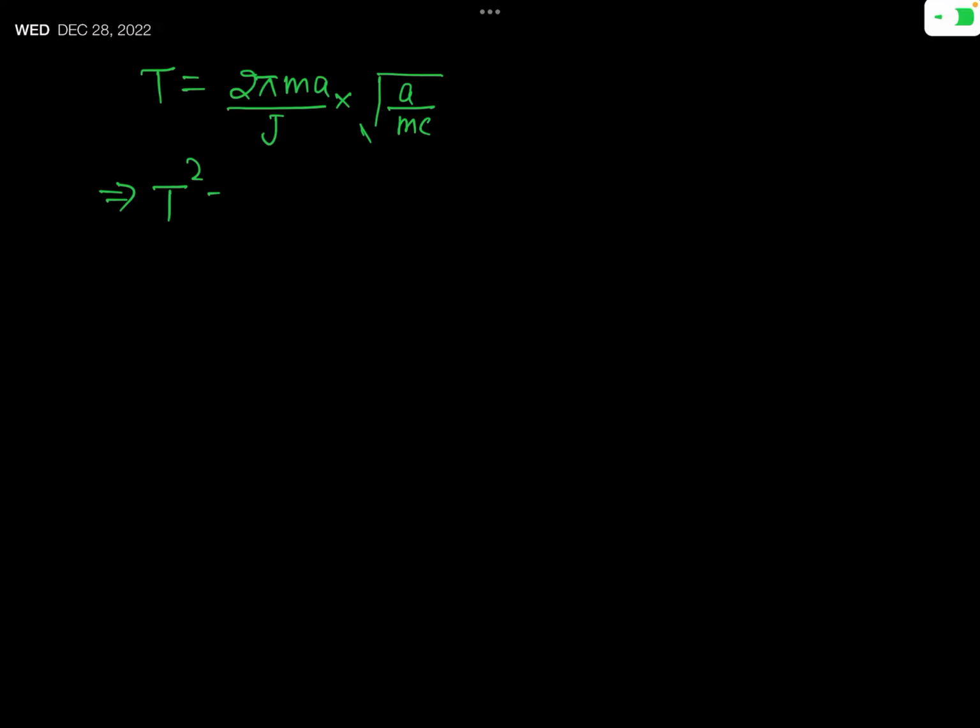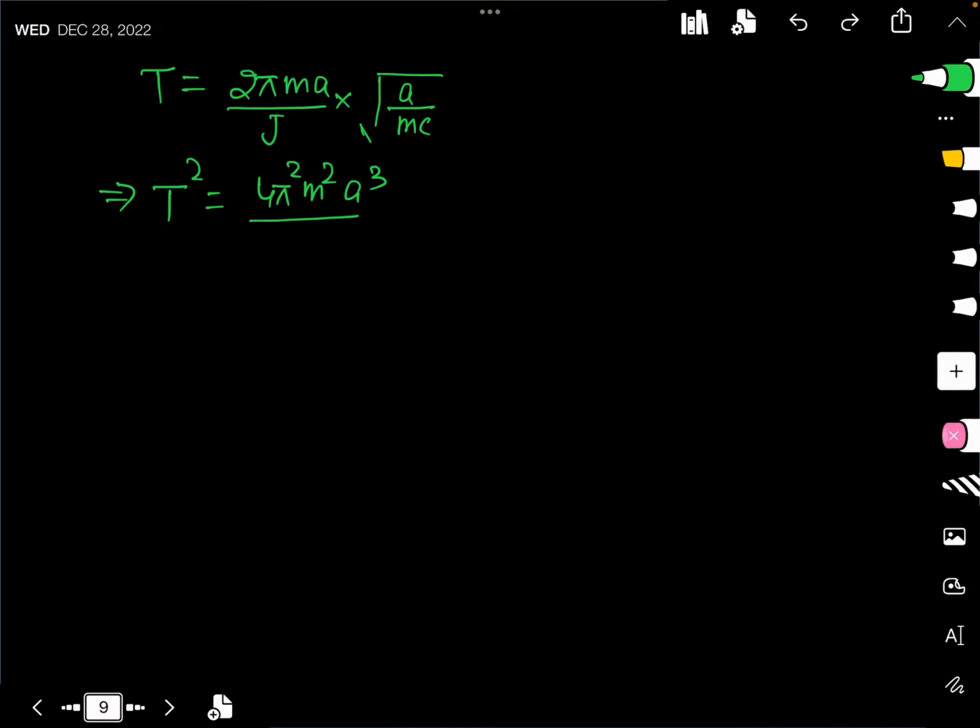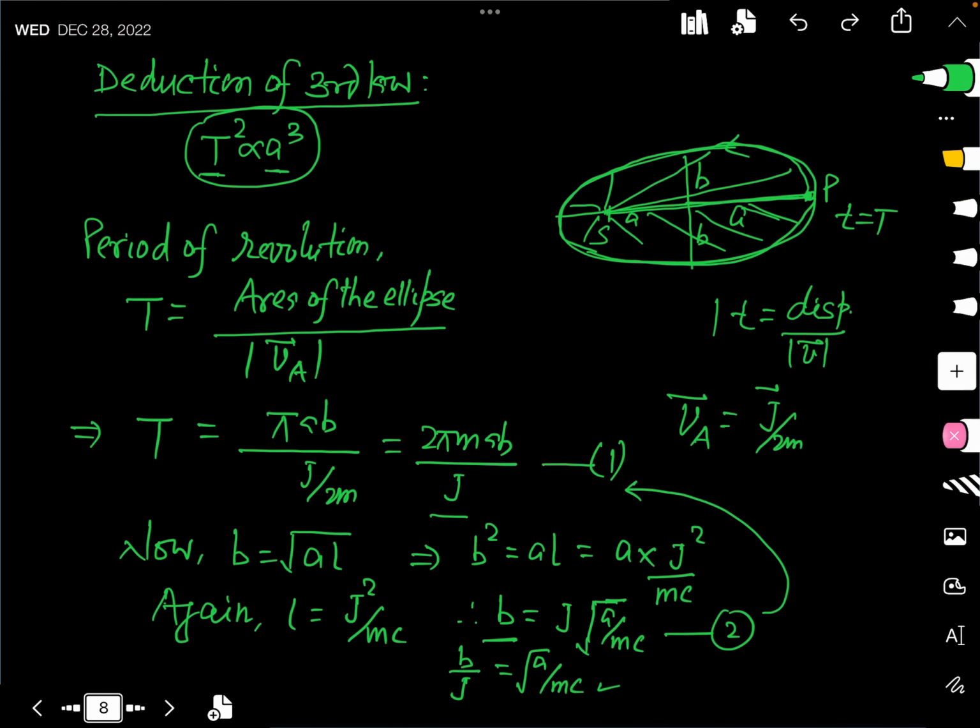So what will be T square? T square will be 4 pi square m square A cube. Here it will be A square and one A, that is A cube. Actually something is missing here.